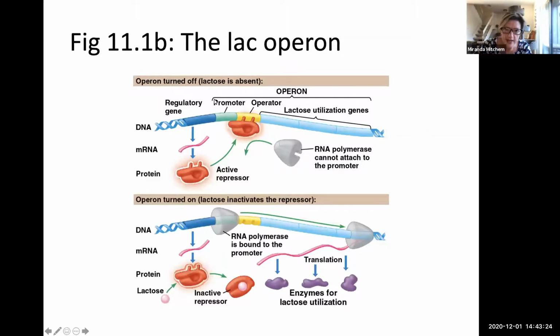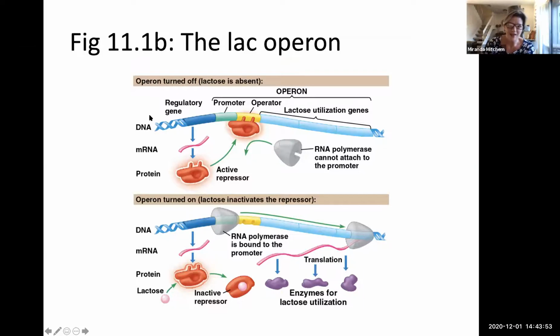So within the operon, we have the promoter, we have the operator, and then there are genes that are associated with the metabolism of lactose. There are three of them. So promoter, operator, and then the genes that are within the operon are all part of that operon.